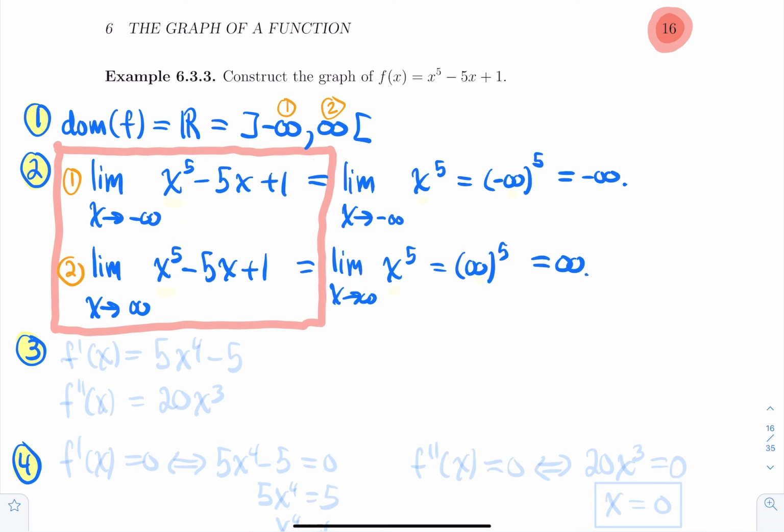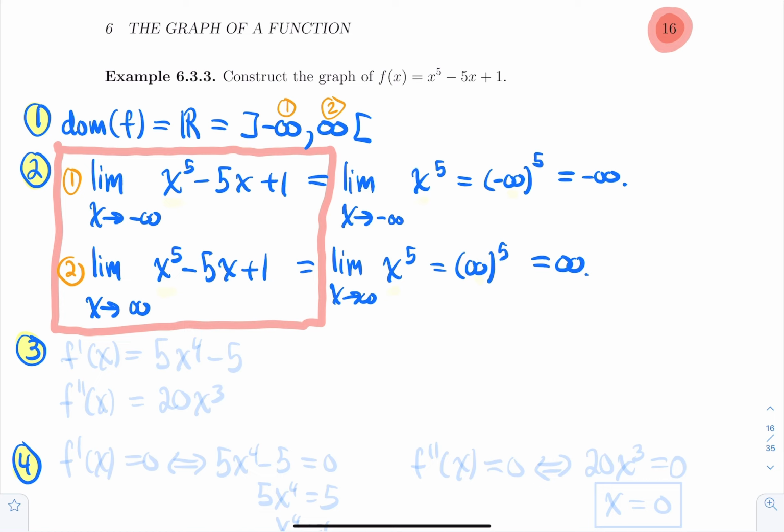Now, these two limits are limits going to infinities of algebraic functions, so you can just keep the highest degree term. This is a trick that you can use. If you have an algebraic expression, you keep the highest degree term. So here, between x^5 minus 5x plus 1, I'm keeping x^5. This is the one that dominates.